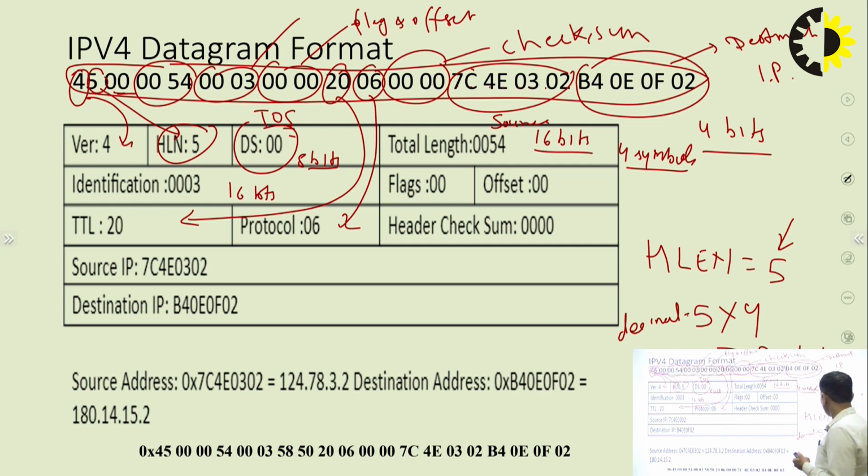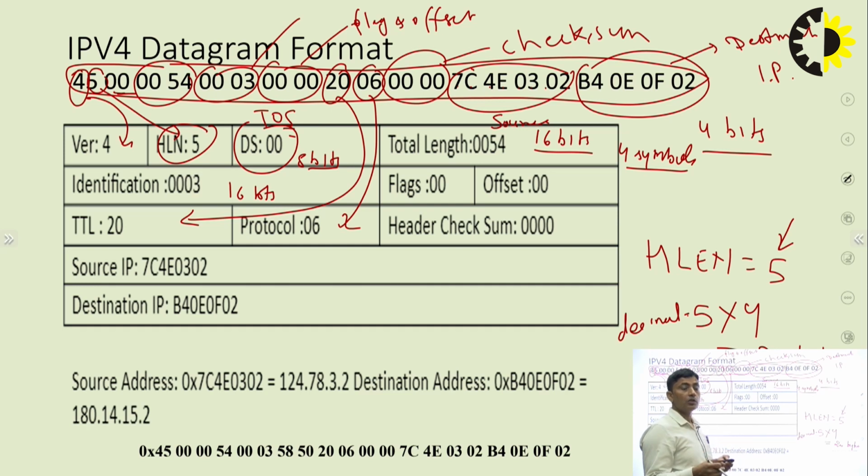How many bytes? 20 bytes. Because this hexadecimal value of 5 is the same in decimal, that is 5 multiplied by the scaling factor 4. This 20 byte size is the header size. When the header size is 20 bytes, that is the minimum. So is there some data in the option field?